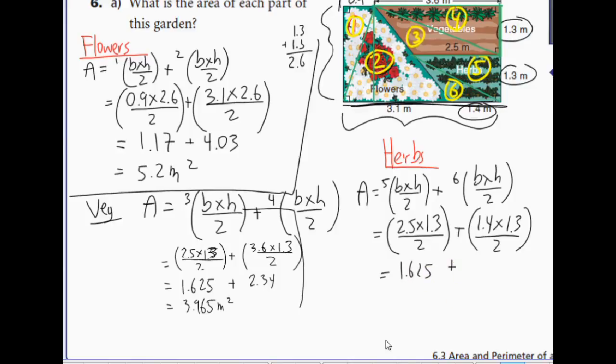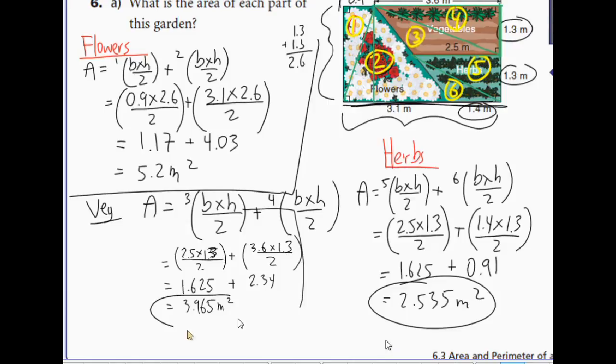And 1.4 times 1.3 divided by 2, 0.91. I'm going to double check that number. 1.4 times 1.3 divided by 2. Then add them all up together and get 2.535 meters squared.